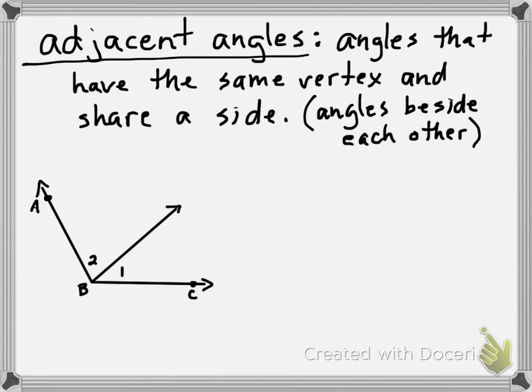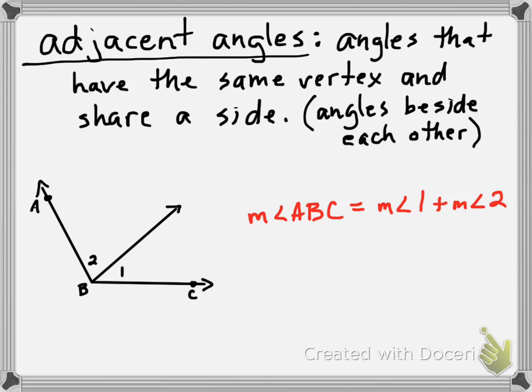Okay, now notice I've named the whole thing angle A, B, C. And I've named each of the two smaller angles, angle 1 and angle 2. Okay? Now, the one thing that you need to know about adjacent angles is that if you add the two smaller angles, they equal the larger angle.